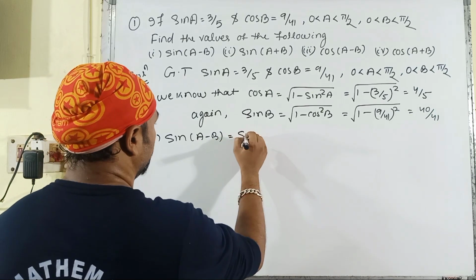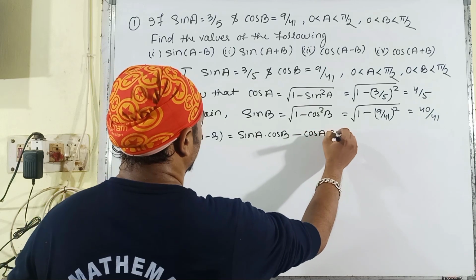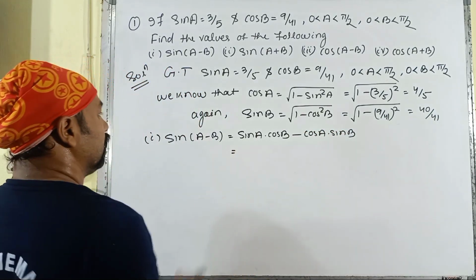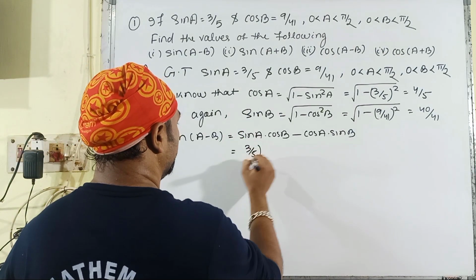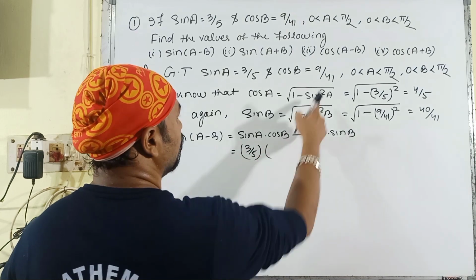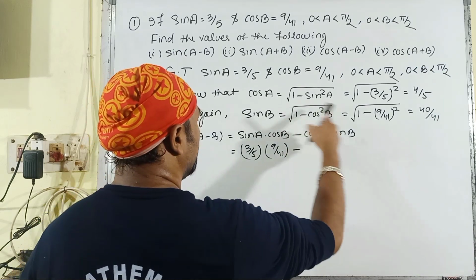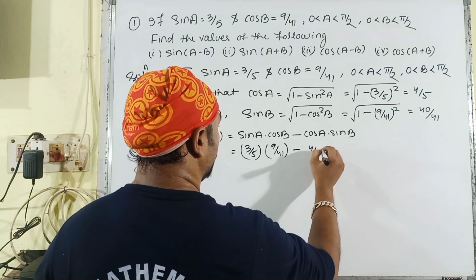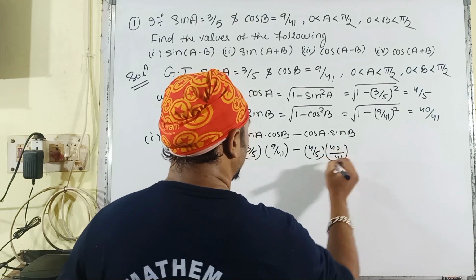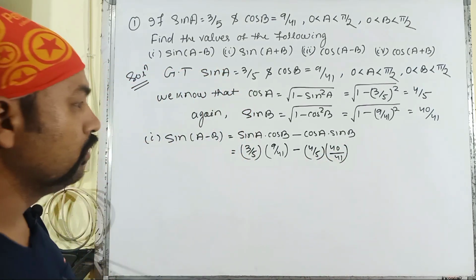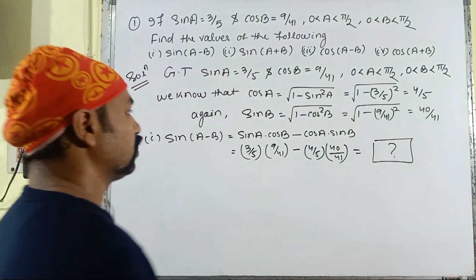That means sin A into cos B minus cos A into sin B. Now by putting these values, in place of sin A we can put 3 by 5 multiplied with cos B, which is 9 by 41, minus, in place of cos A we can put 4 by 5, and in place of sin B we can put 40 by 41. By simplifying these you can get the answer. It is the task for you.